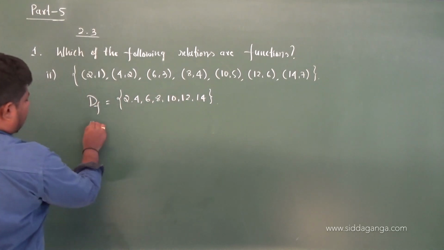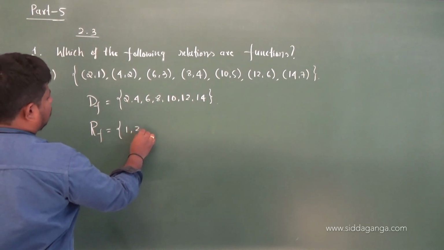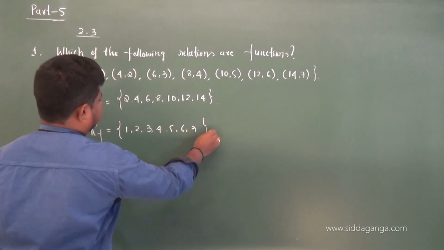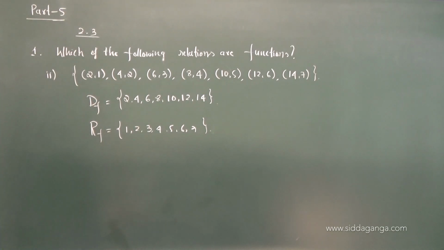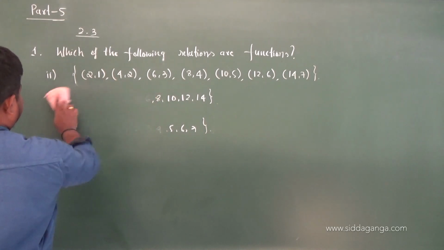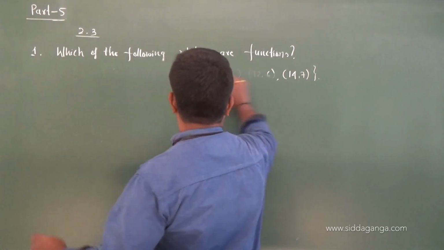And range of this function is second elements: 1, 2, 3, 4, 5, 6, 7. This is about the second question. Yes, it's a function with this domain and this range. Reason is what? No two different ordered pairs have the same first element.